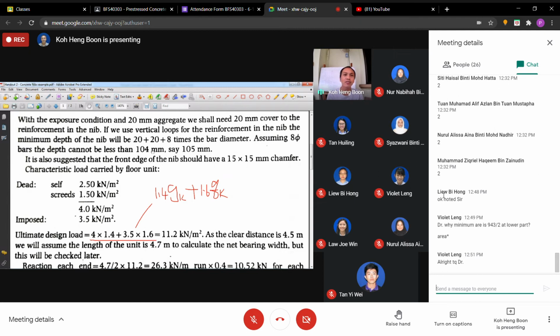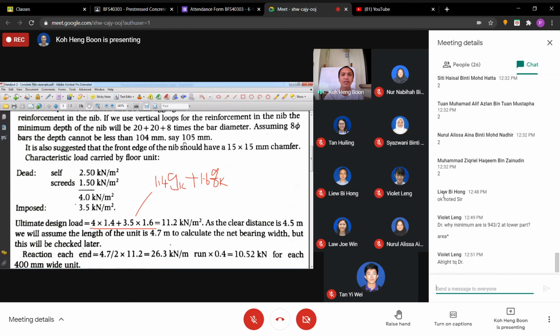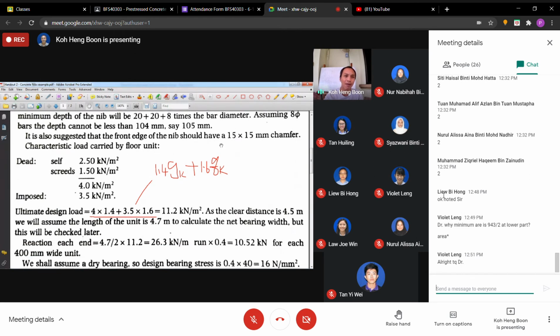So at the end, you say you are going to use a depth of 105 mm. This is just to get the size. Minimum we can start like a concrete slab, the minimum we'll use is 125. It is better we use 125 to comply with serviceability, the concrete cover and durability.